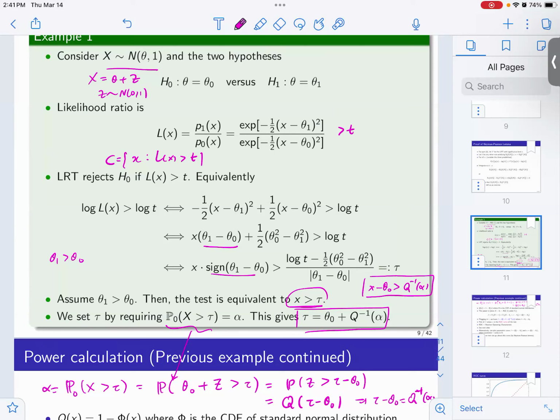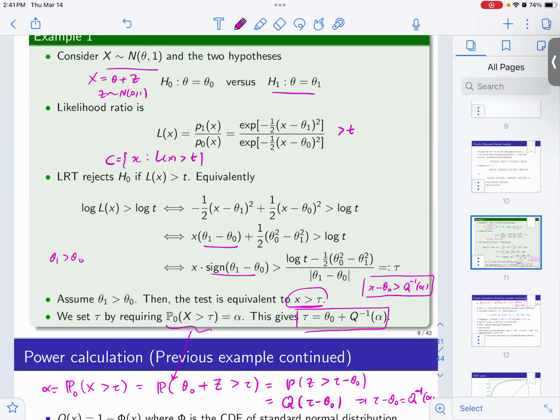So this is going to be most powerful against any other theta 1 which is bigger than theta naught, simultaneously most powerful for all of these hypotheses, no matter what theta 1 is, as long as theta 1 is bigger than theta naught. So this is what is known as a uniformly most powerful test.